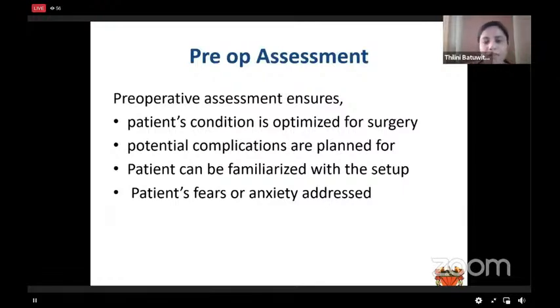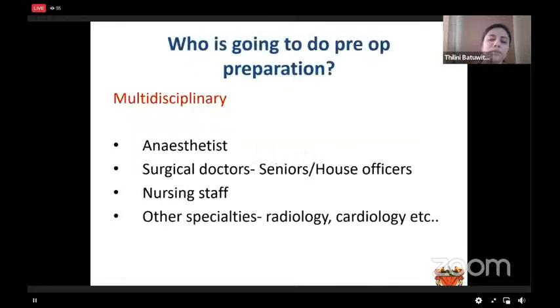So who is going to do the pre-op assessment? In your ward, if there's a surgical list, usually for elective surgeries there will be an anesthetist coming to do the pre-op assessment. But it is not the case all the time, and anesthetists are not the only ones involved.